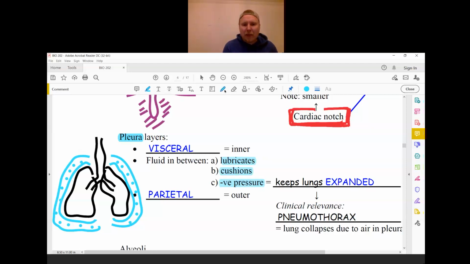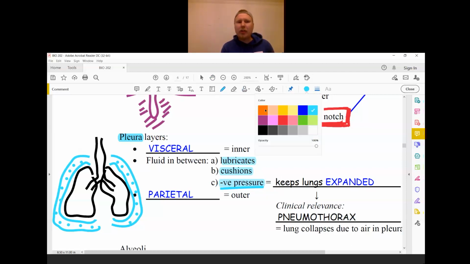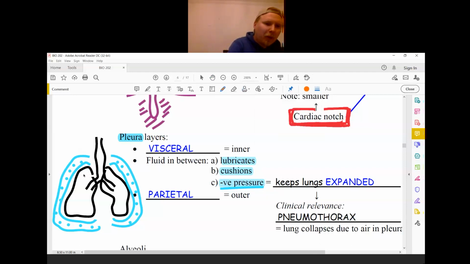And this negative pressure is really what helps us to keep these lungs expanded, as the lungs are continuously pulled to extend to their maximum size thanks to this pleural layer.